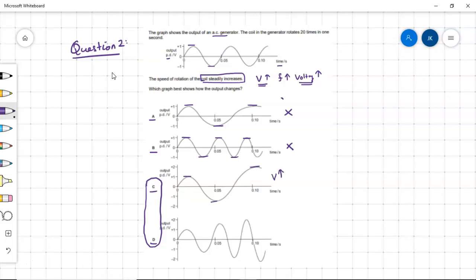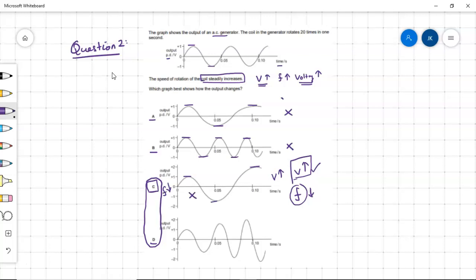So that is correct. But what about the frequency? In this case 3, the frequency reduces. So the option is wrong.